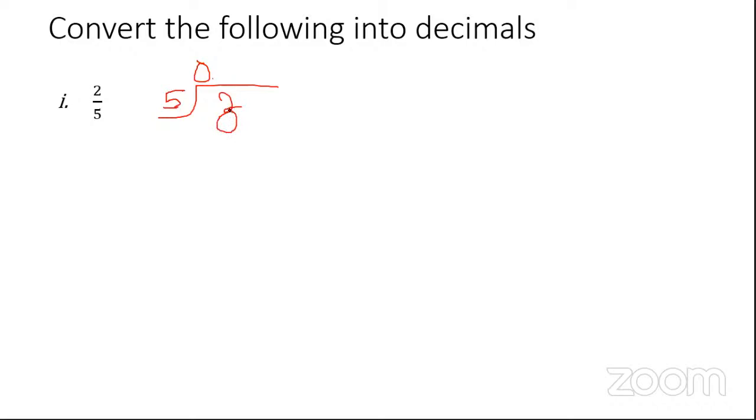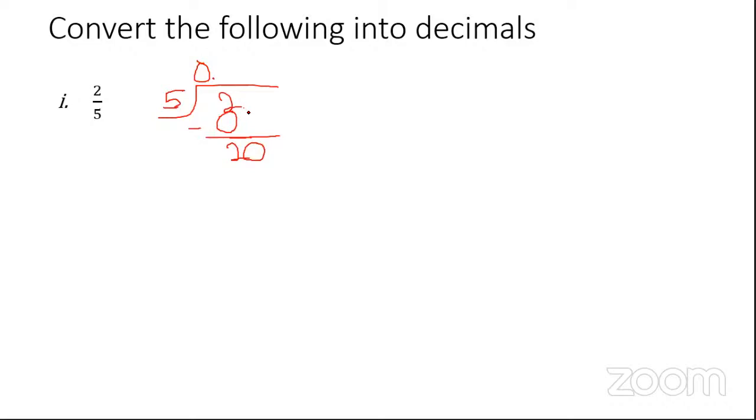Then you subtract. You get 2. Then you put a decimal point up here. Then you also bring down 1, bring down 0, and put a decimal point here near to this.